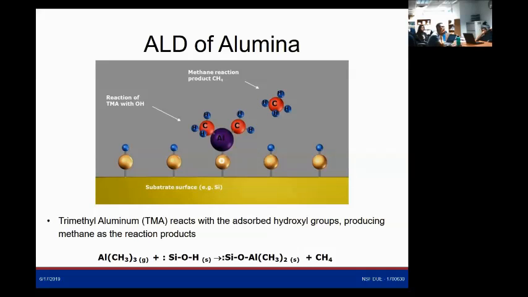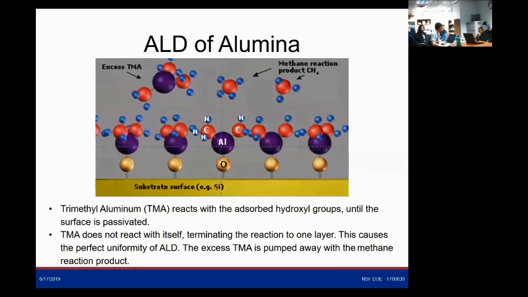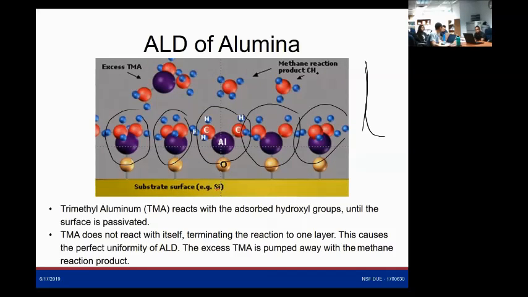Now I have to make sure that all these bonds are completely attached, right? How can I do that? Well, I just give a quick pulse of TMA, trimethyl aluminum, okay? If I give some hundreds or tens of milliseconds waiting period, it's gonna find every bond on the surface, okay?